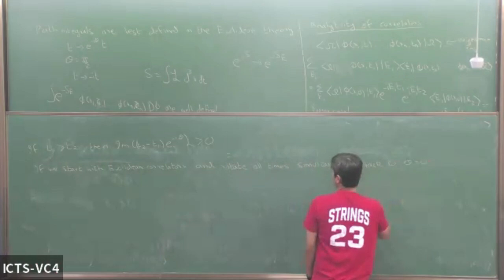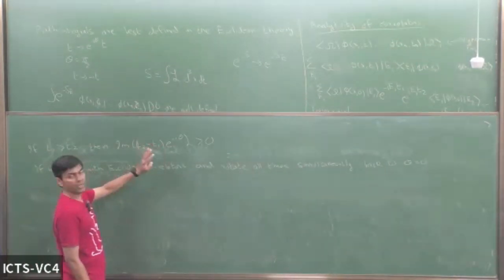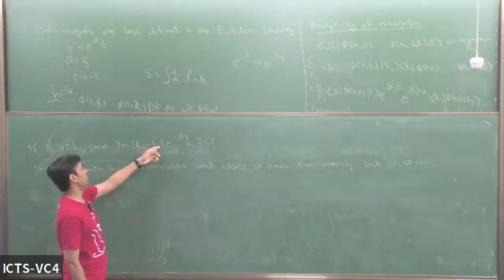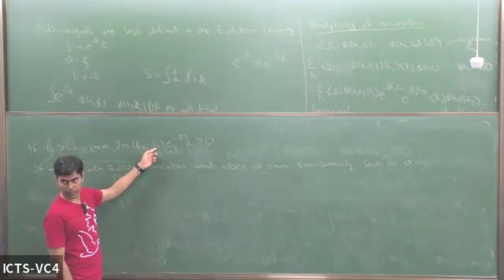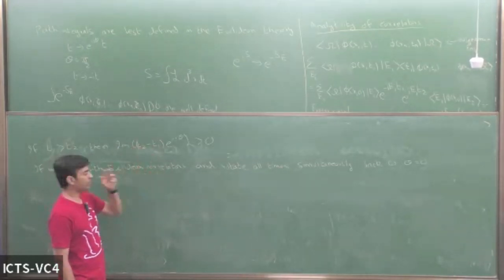So remember, I was earlier given the correlation functions for Euclidean time, tau, which was minus i t. Now I start analytically continuing those correlators.